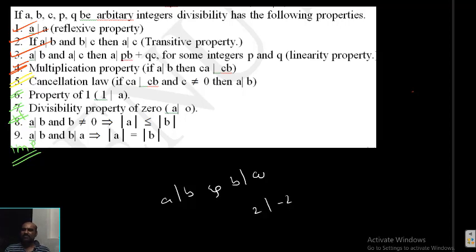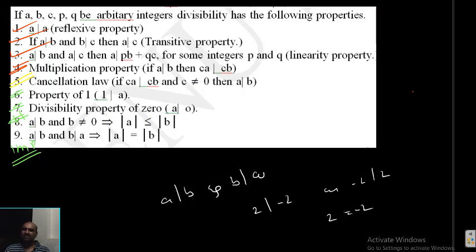2 divides minus 2 and minus 2 divides 2. In this case, I can't say that 2 equals minus 2. 2 divides minus 2, and minus 2 also divides 2, in the integer sense.